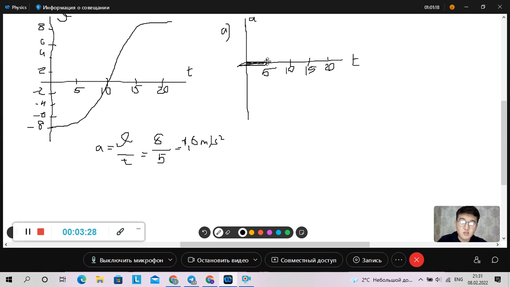Acceleration the first time is 0 and the second time is equal to 1.6. And also the third time is equal to 1.6 meters per second squared. And in the last part the acceleration is also 0 because it moves on a straight line.